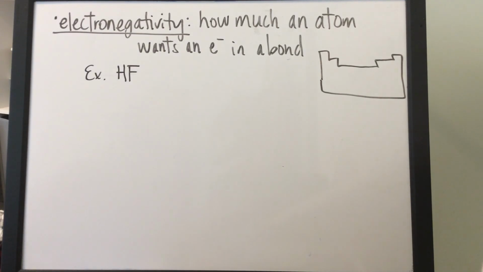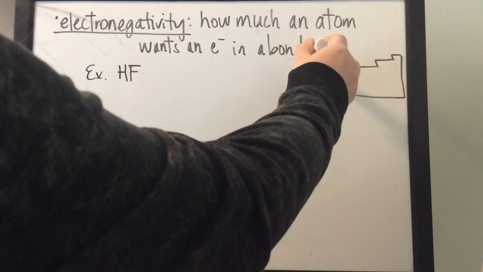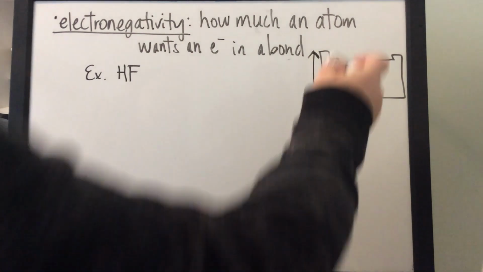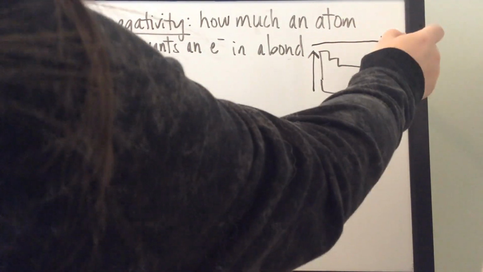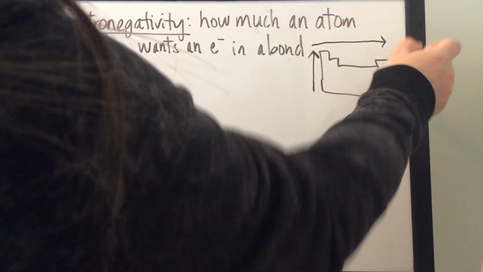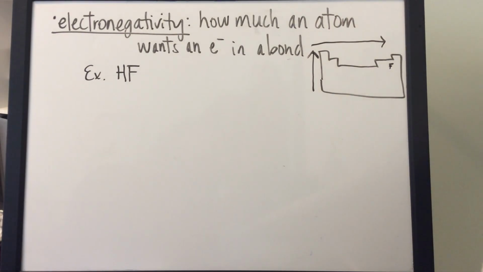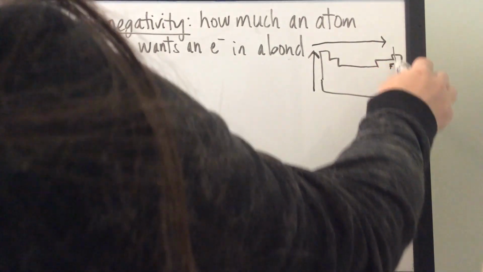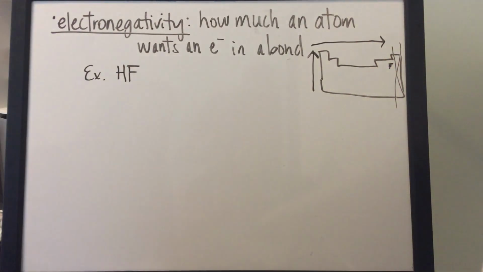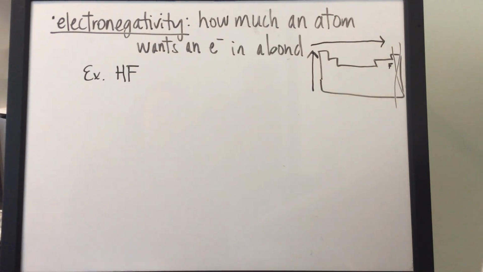The way we determine this is pretty easy. It's just a trend, and a trend is a pattern. Electronegativity increases as you move up a group in the table, and it increases over to the right, with fluorine being your most electronegative element. We exclude the noble gases because they have no desire for an electron.